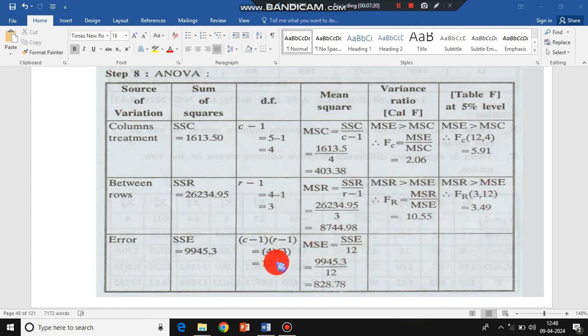Its degrees of freedom is 12, and that 12 you write in the second place.